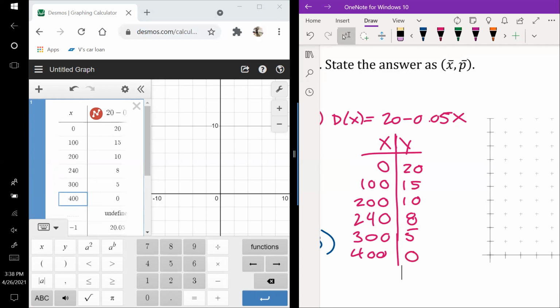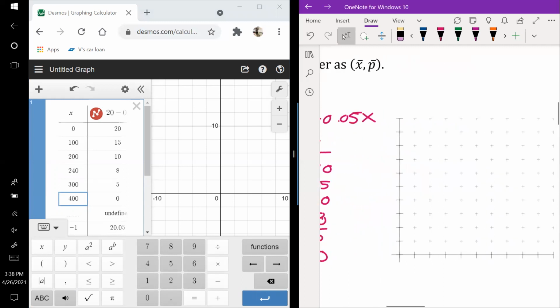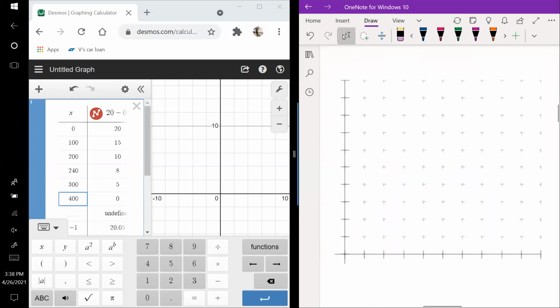Okay. And then we label my x-axis appropriately. We went by hundreds. So we'll have 0, 100, 200, 300, and 400. And then we go up to 20.